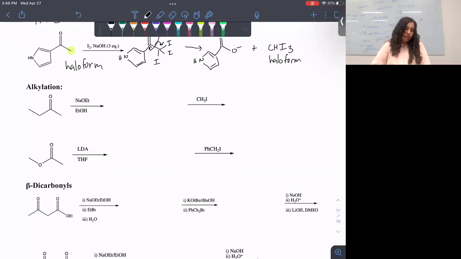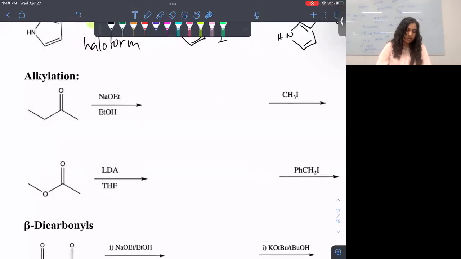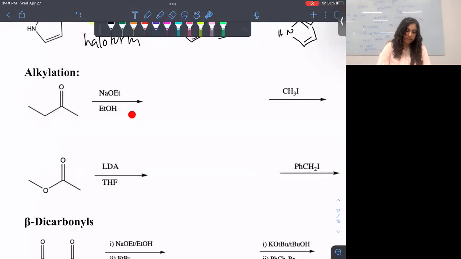So now, to do alkylation, all we do is give the enol or enolate an alkyl halide. Your alkyl halides are electrophilic, so it's really easy for the enolate to just go ahead and attack from the alpha carbon. For this, the very first step is base, NaOEt, EtOH.